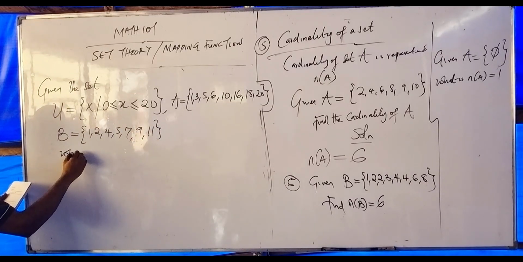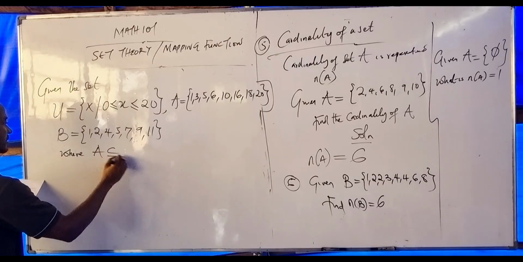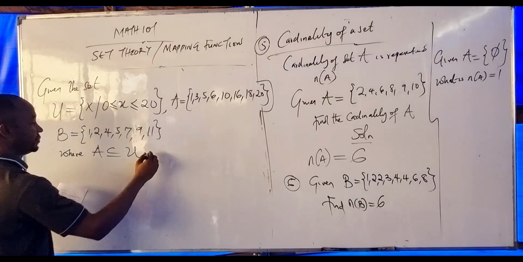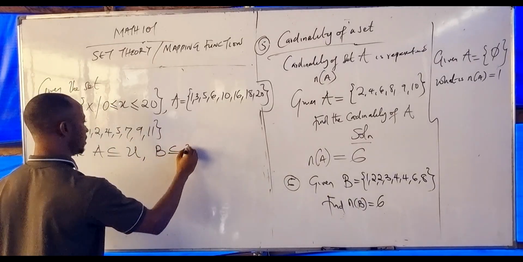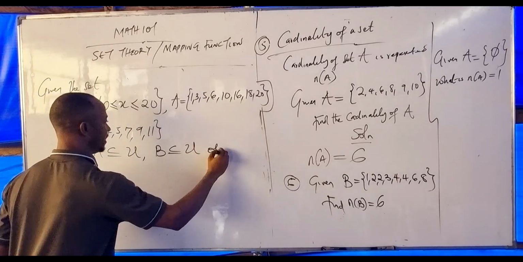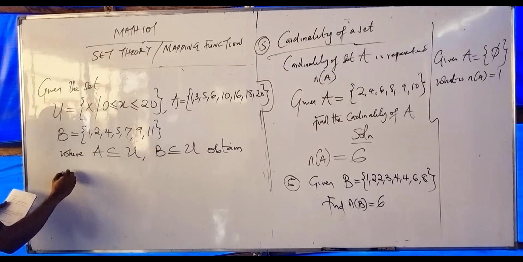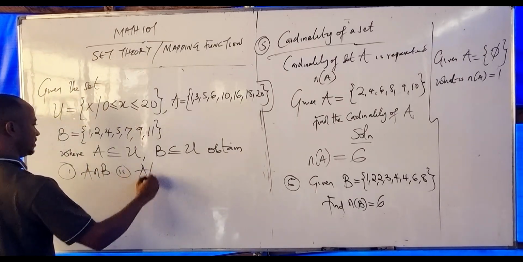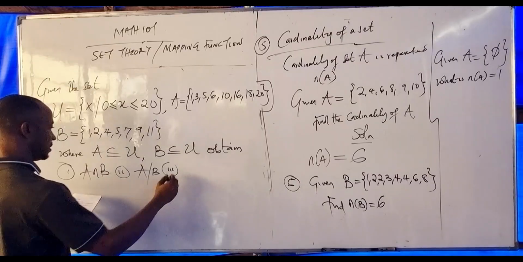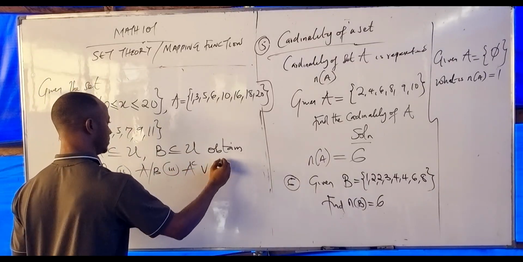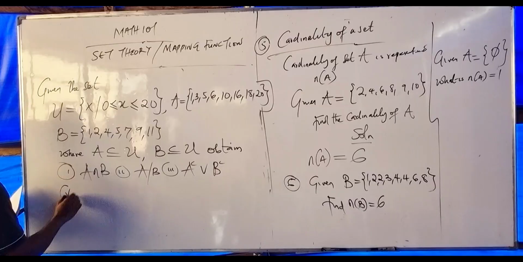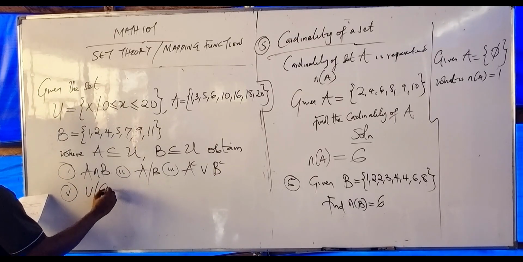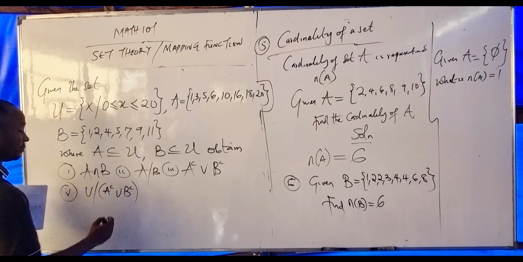We're now told that where A is a subset of U and B is a subset of U, we have to obtain number 1, A intersection B. Number 2, A difference B. Number 3, A complement union B complement. Number 4, universal set difference A complement union B complement.